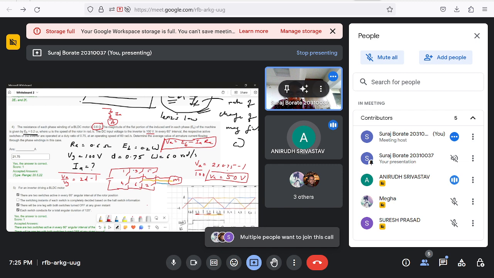Now can you calculate the value of what is unknown over here, IA, based on this formula? RA is given, IA is not known, EB we know, right? 0.2 into omega. So what is omega? 60. So EB is equal to 0.2 into 60.